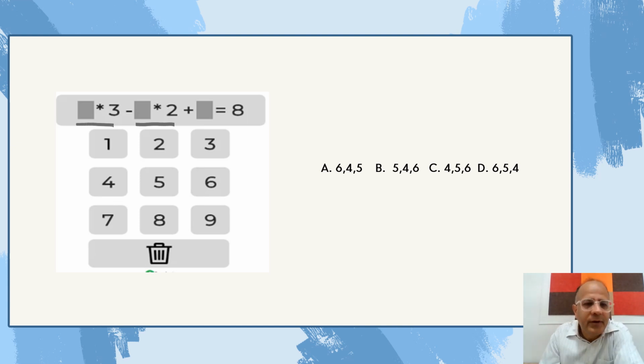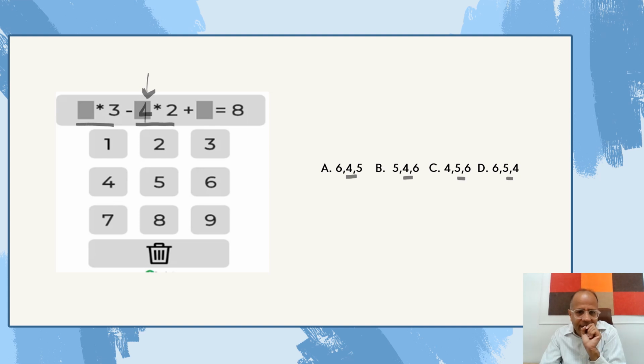So my primary focus is now on this second number. What second number options do I have? 4, 4, 5 and 4. So I have two options: either a 4 or a 5. I will go for the smaller one. I'll put a 4 over here, so that's going to be an 8.